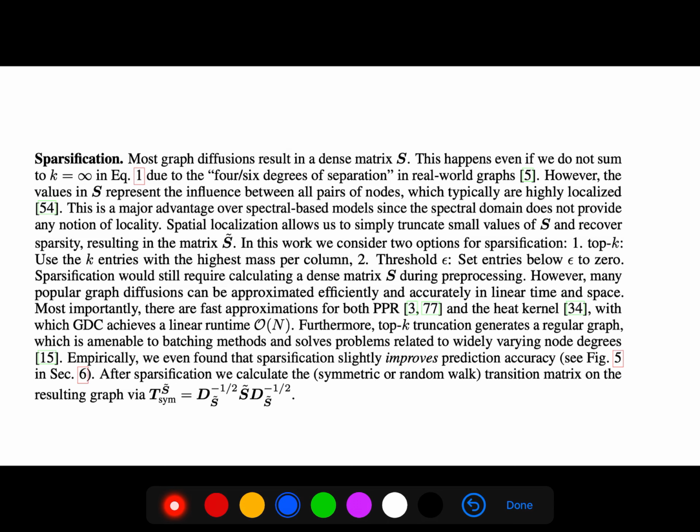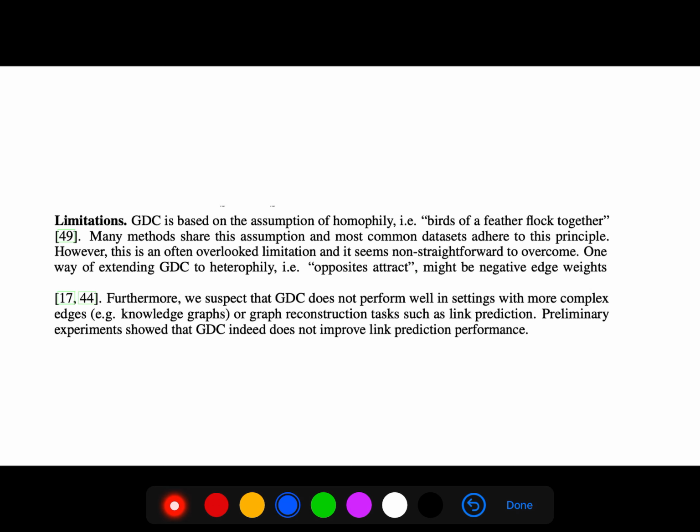Spatial localization allows us to simply truncate small values of S. But GDC is based on the assumption of homophily, for example, nearby nodes have the same labels.